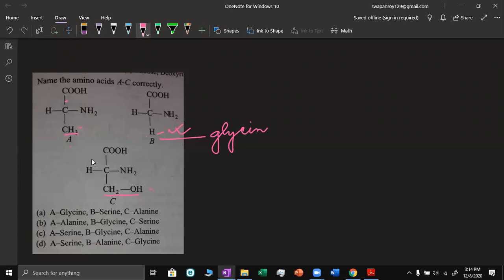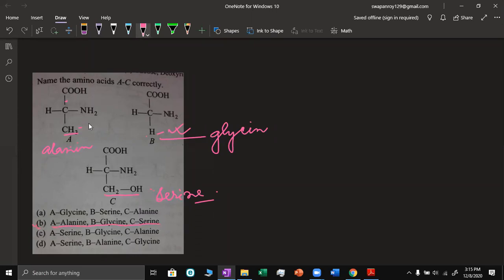When it is a methyl group, this one is alanine, and this is the serine. So our options will be A, B, C. A is alanine, B is glycine, and C is serine.